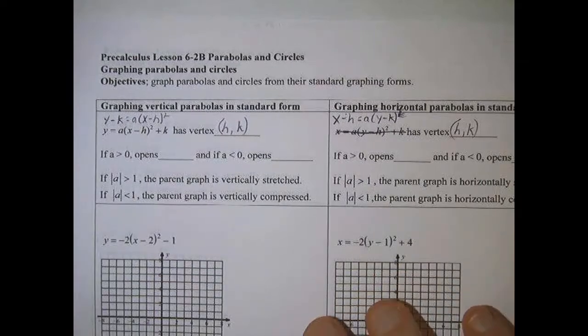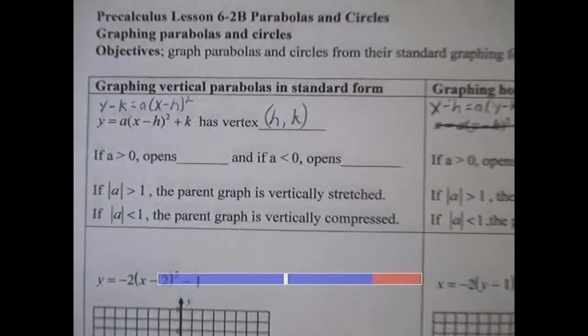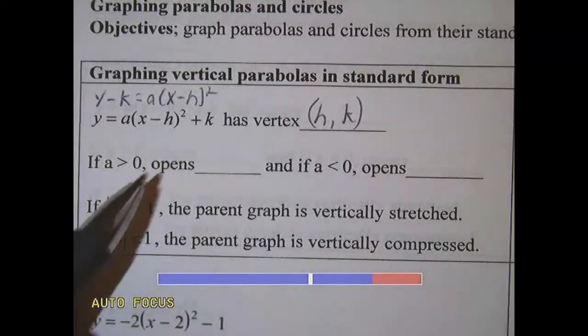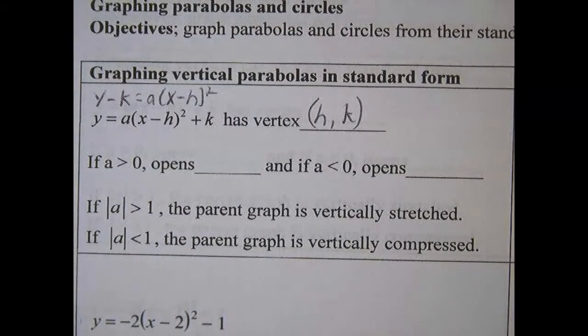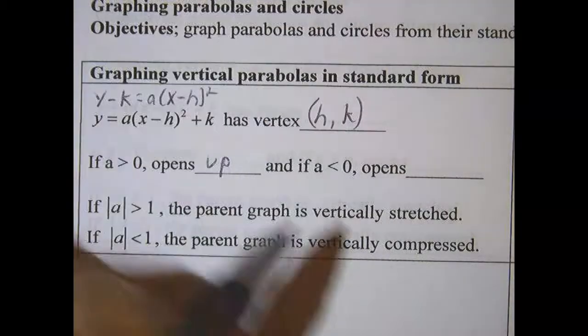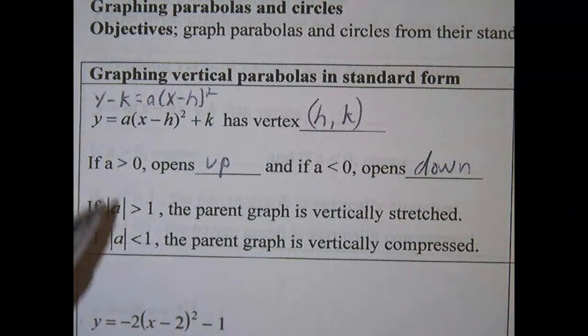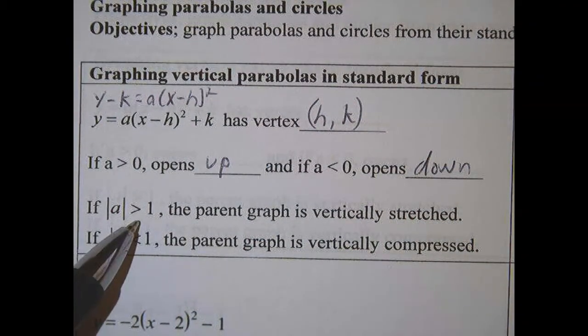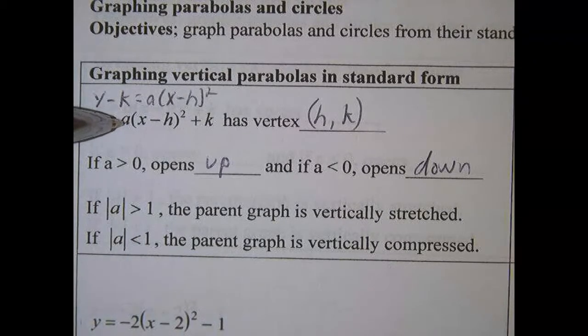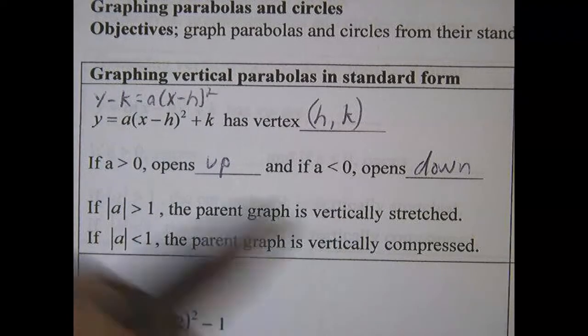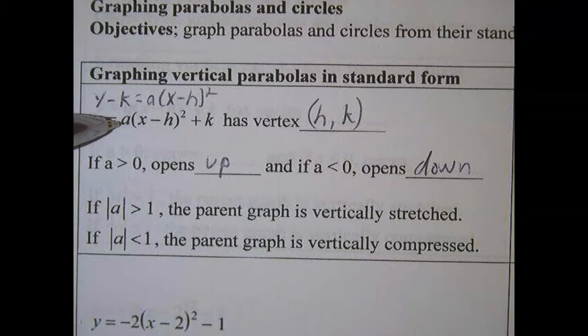Now let's look at what this parabola does. We know that if a is positive, this opens up, and if a is negative, then this opens down. That's just review. When the absolute value of a is greater than 1, the graph is vertically stretched, and when a is a fraction, it's vertically compressed.